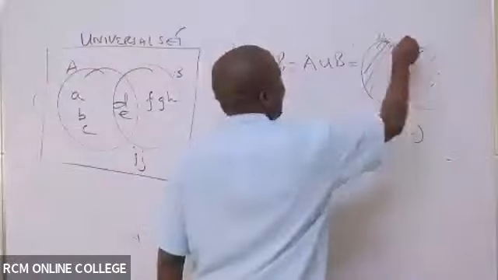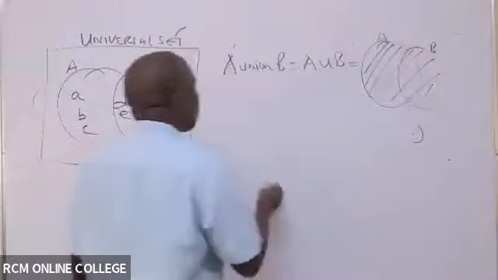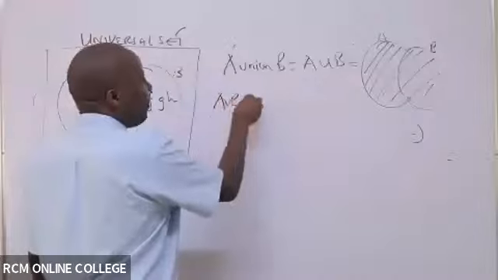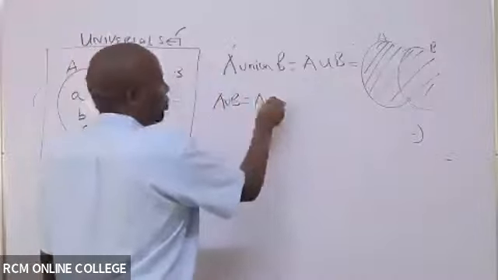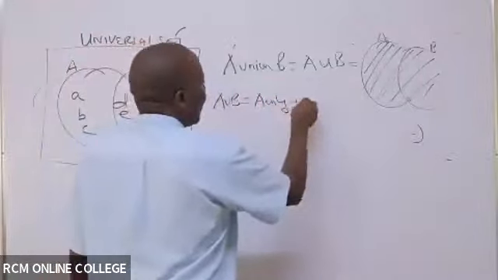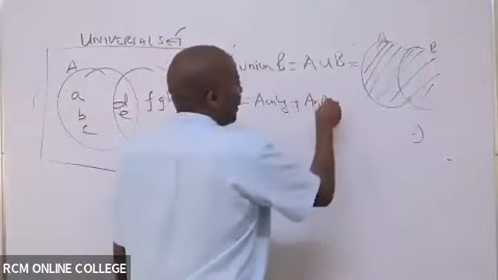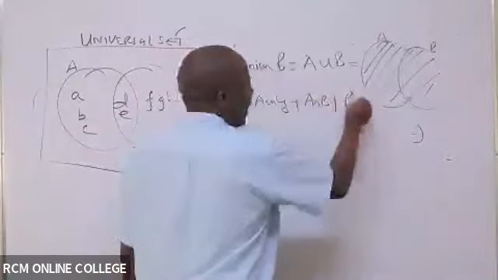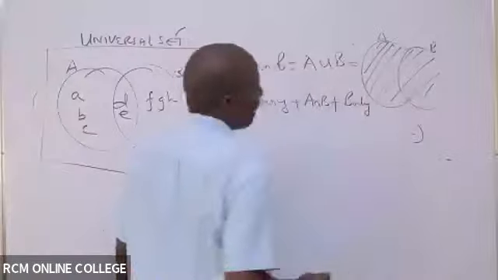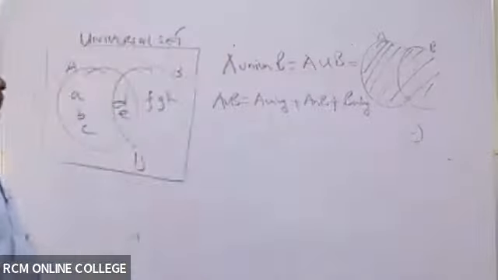So this is A, this is B. When they talk of A union B, this will be members of A only, plus A and B, the shared, plus B only.